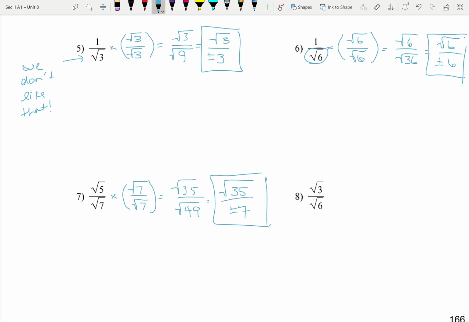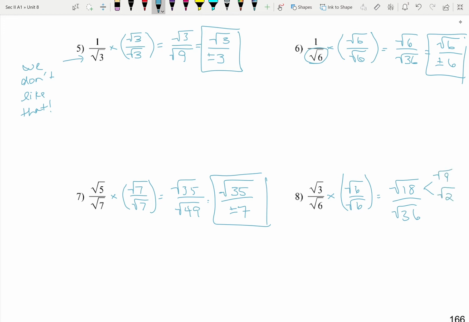And our last one, we get the square root of 6 times the square root of 6. You get the square root of 18, the square root of 36. Now, on this one, you can actually simplify both the numerator and the denominator. The numerator can be split into the square root of 9 times the square root of 2.